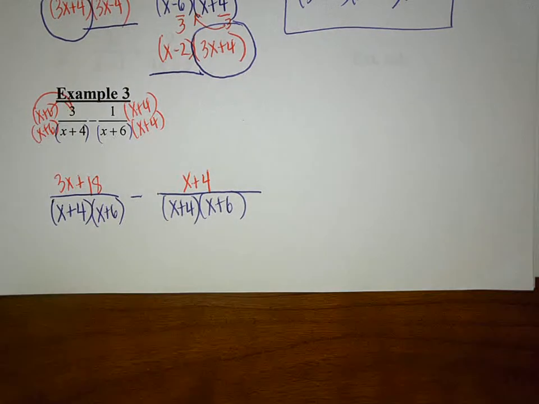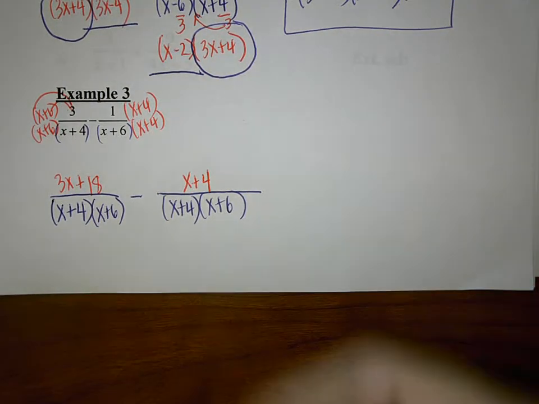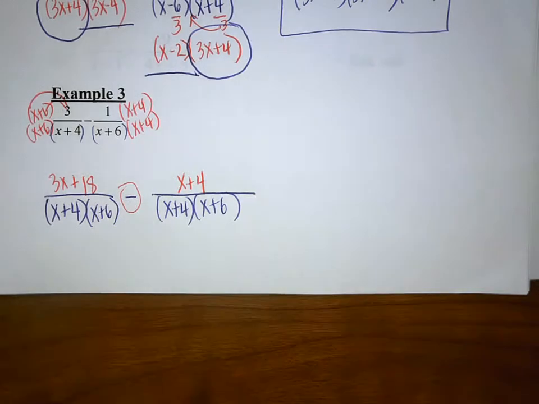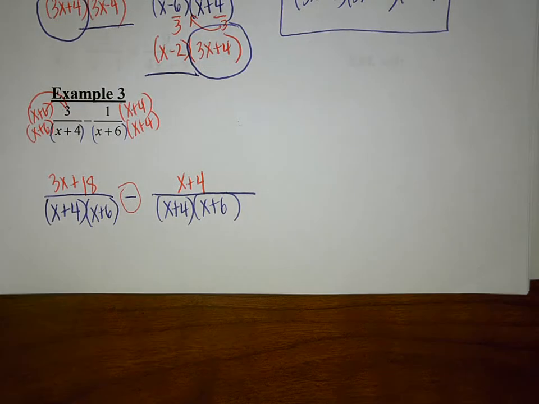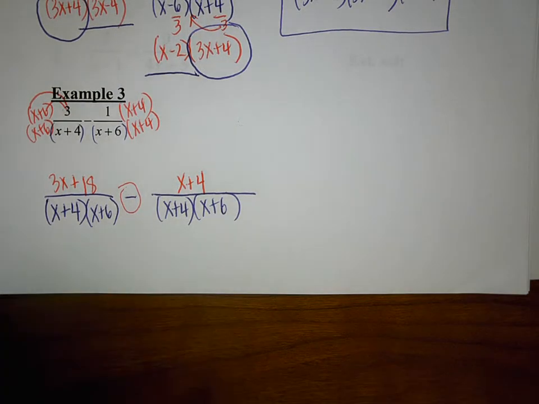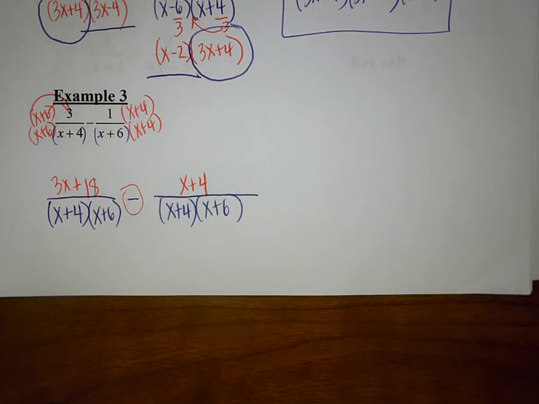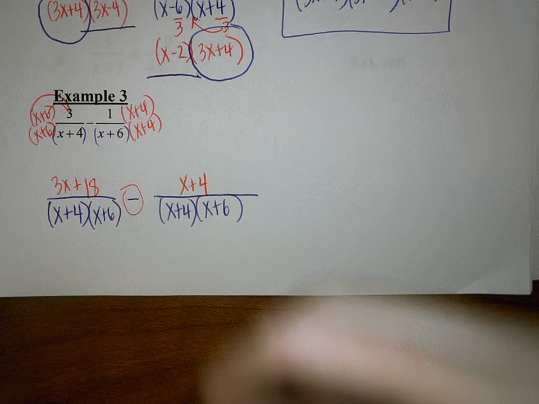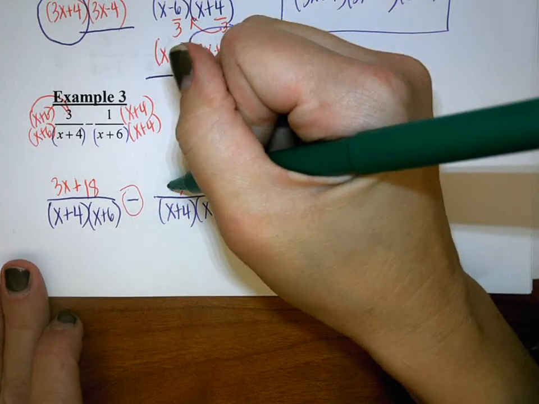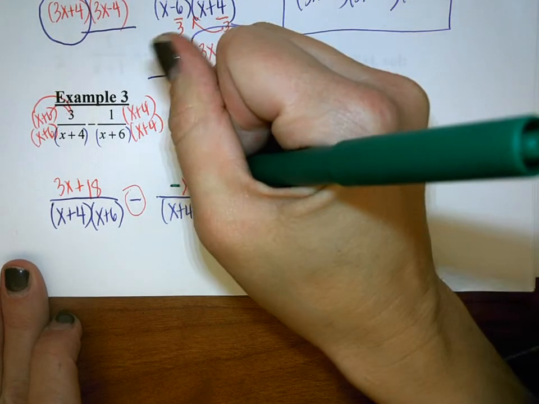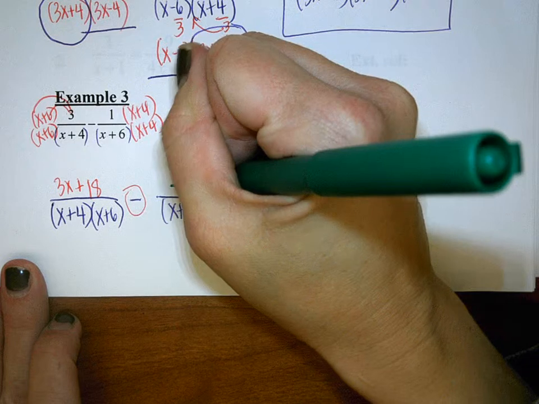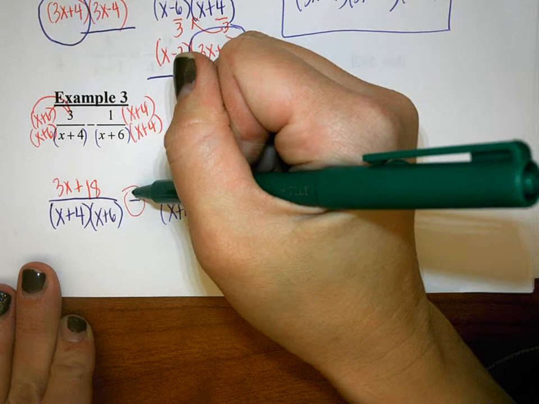Now, before you do anything, notice that this is a minus sign. So what you need to do is distribute that minus sign to everything on top. So that is going to end up making this x a negative, and the 4 also a negative. And then once you do that, you can change that to a positive.